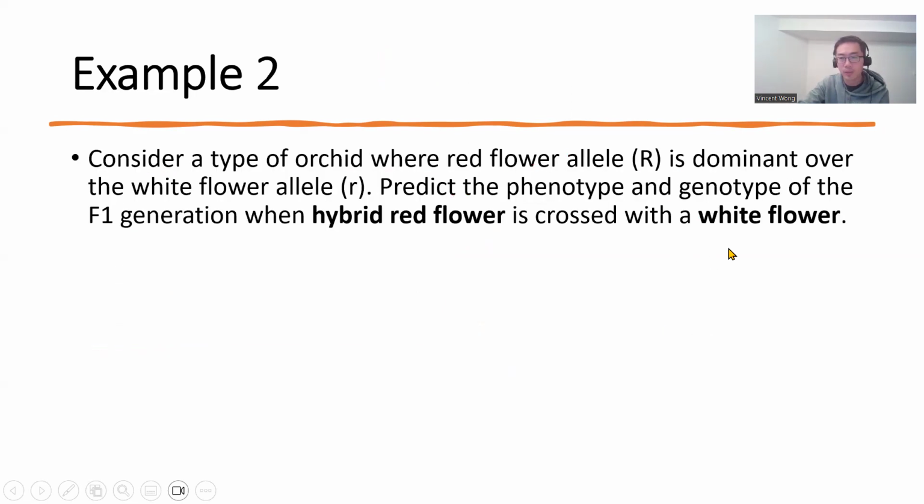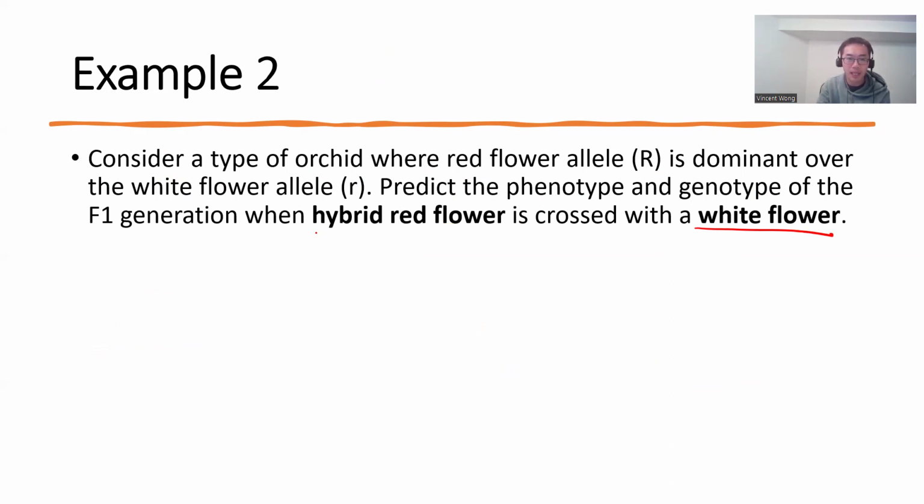Okay, let's try another question here. Consider a type of orchid where red flower allele R is dominant over the white. So same thing. Predict the phenotype and genotype of F1 generation when a hybrid red is crossed with a white flower.